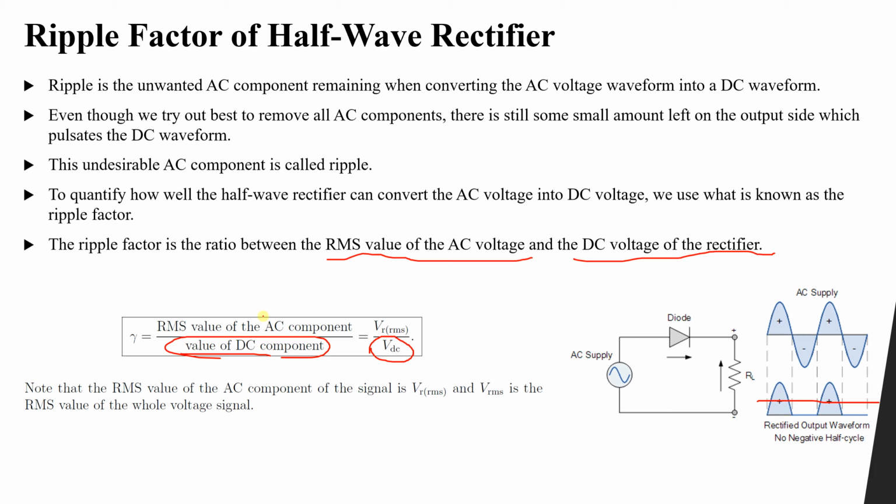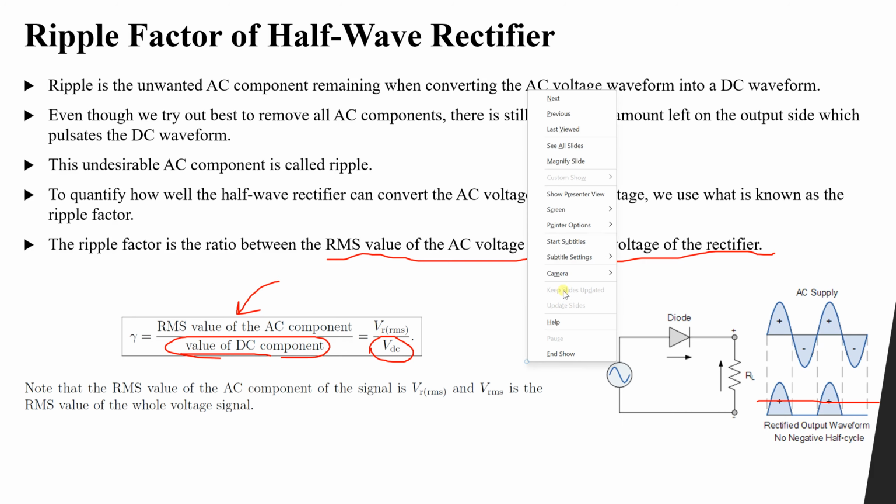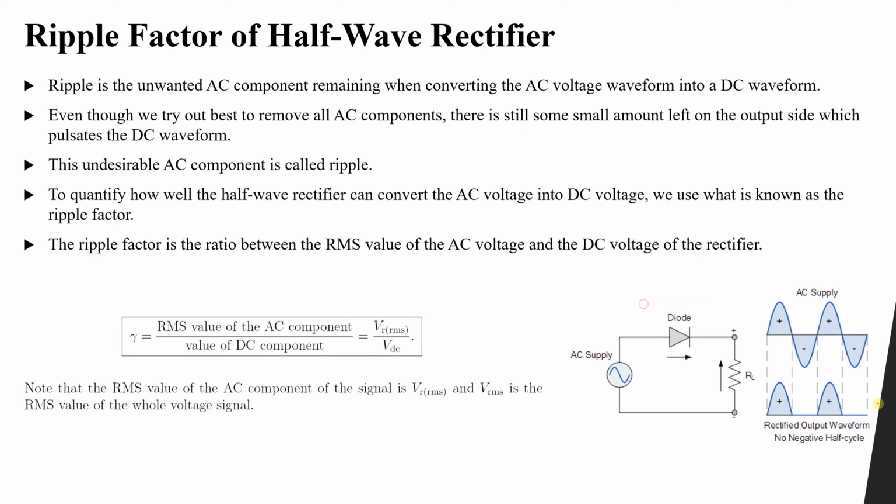Now this first one is very important: the RMS value of the AC component, so it is V_r RMS. What does this mean? If you look at this signal here, it basically consists of V_DC plus V_AC.